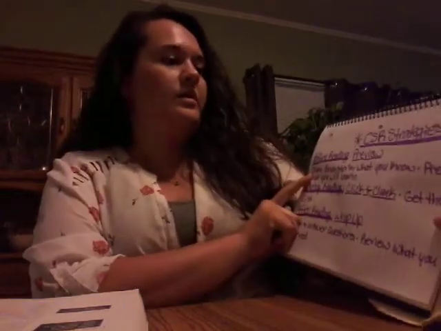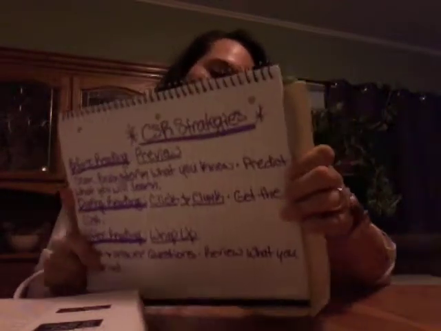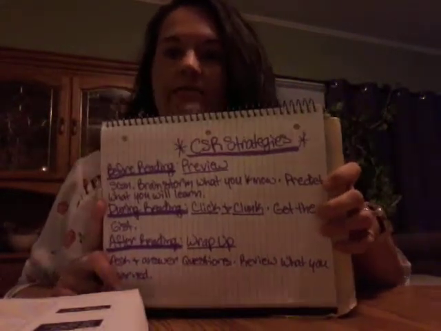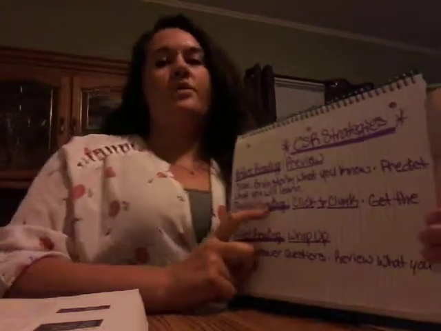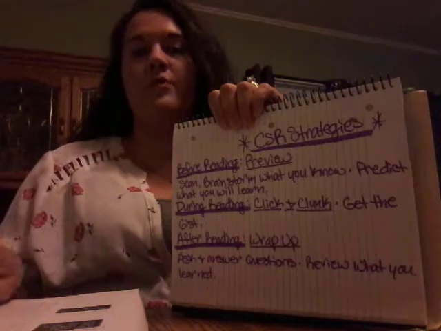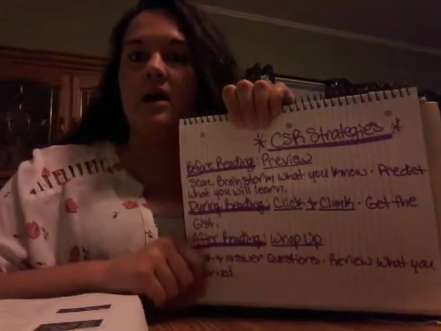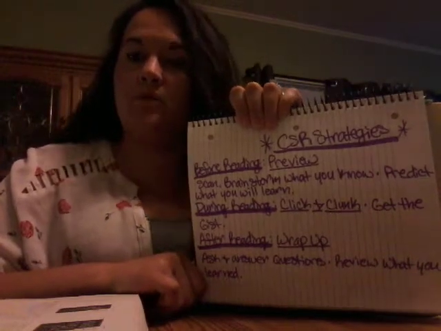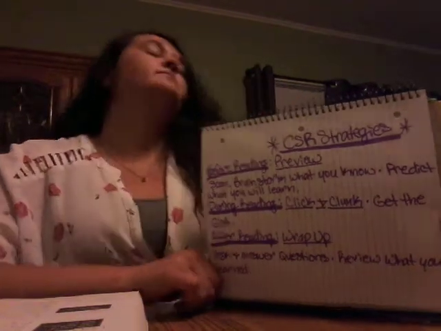So this is the CSR strategy chart, which stands for Collaborative Strategic Reading. So there are 4 things a reader does before reading, while reading, and after reading.